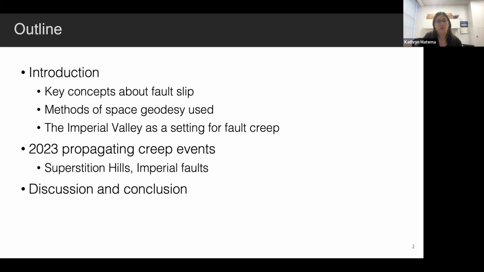Then we'll discuss two specific creep events, both of which propagated from one place on the fault to another. One of them is on the Superstition Hills Fault, and the other is on the Imperial Fault. And then in the discussion, I'll describe some of the future implications, I think, and the kinds of studies that are set up by this work.